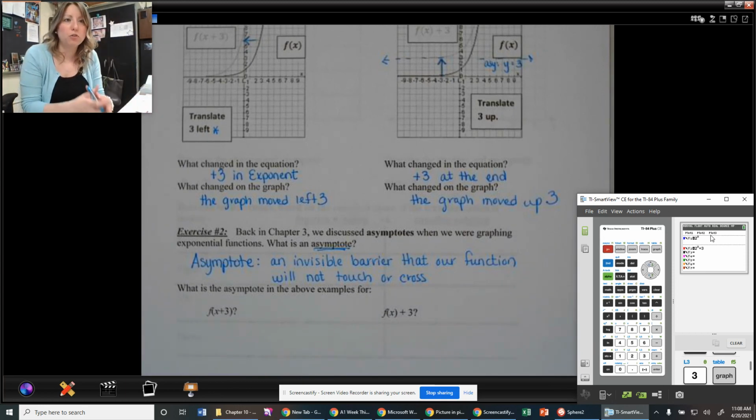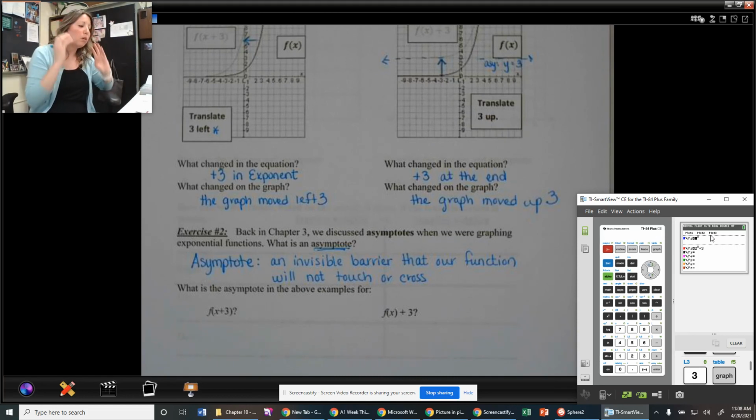In exponential functions, the asymptote is part of the graph. So you do need to make sure you include the asymptote when you graph anything. It's always going to be a horizontal line in our exponential functions. Okay?